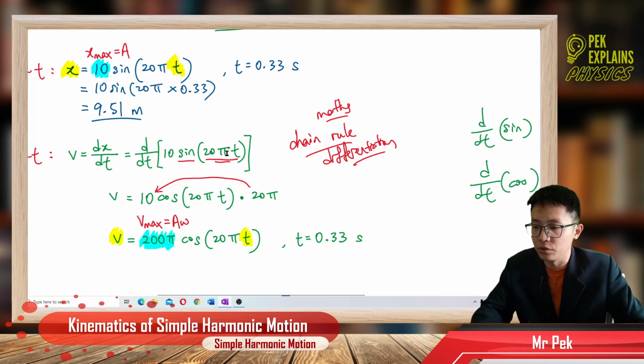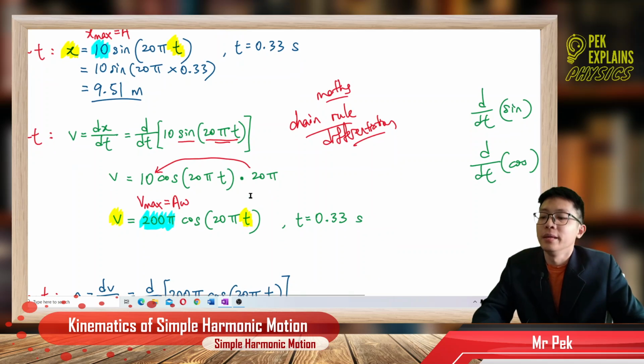This t is to the power 1, so we just take out the constant 20 pi. Differentiate 20 pi t, we get 20 pi. So multiply by 20 pi, and the 20 pi multiplies to the front, so the front becomes 200 pi. And the rest is the same, cos 20 pi t.